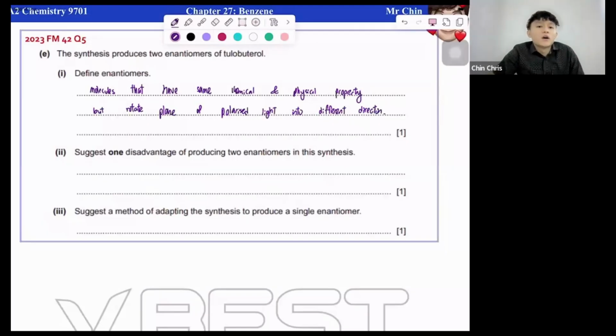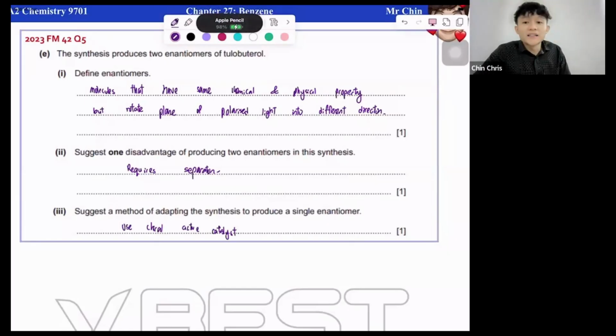What is the downside of producing two enantiomers? They require separation. Well done. Adapting a synthesis, what can we do to produce just one single isomer? Use a chiral catalyst. Easier. Basically that summarizes chapter 27.